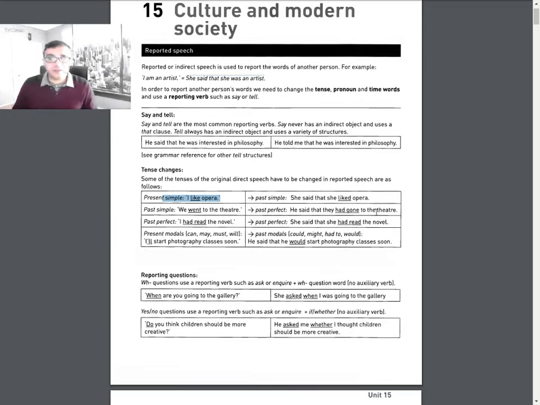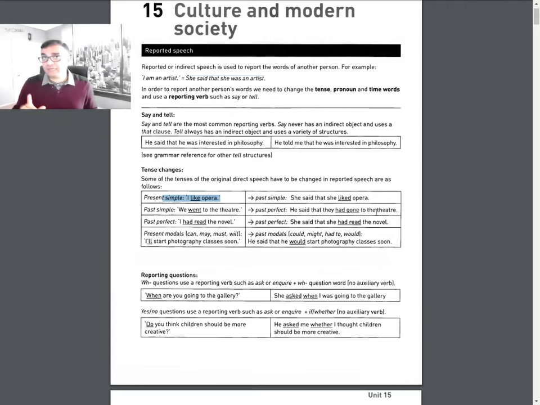Okay. Now, present simple, present modals, which are can, must, shall, or for example, will. I'll start photography classes soon. But when we change it, we become past modals, like modal verbs: could, might, had to, would. He said that he would start photography classes soon, but not when, actually.